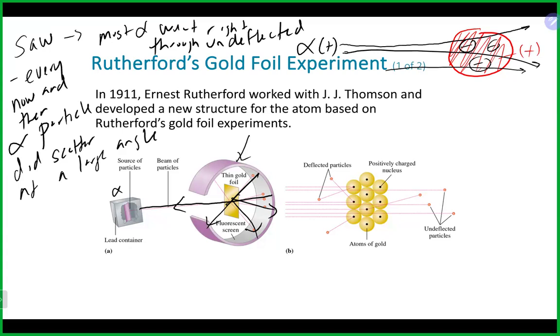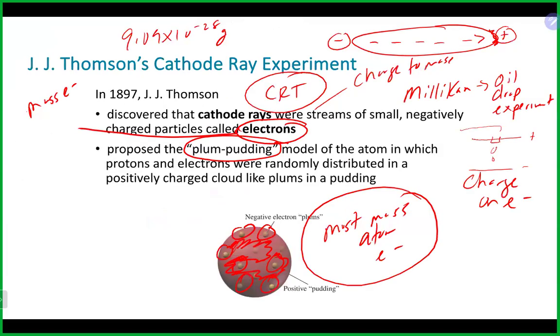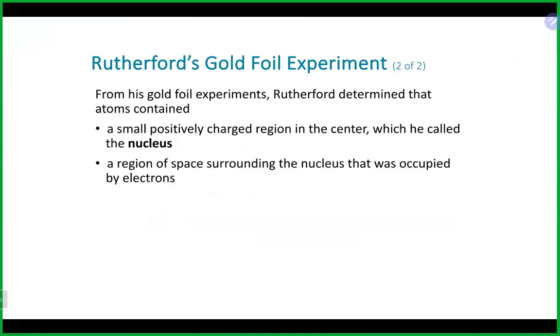So what they really determined from this was they had to go back to the plum pudding model, put an X over it, and go, that's not so correct based on the experiment that we did.